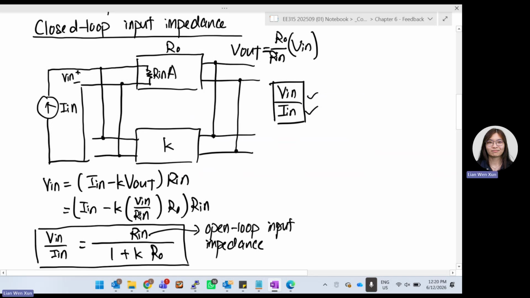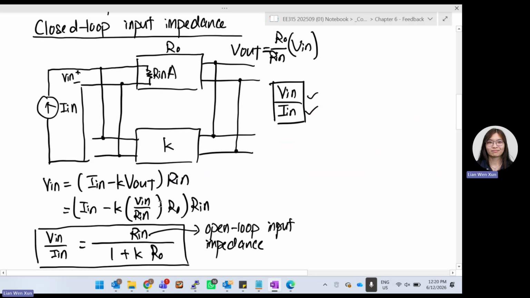We can multiply inside first. So we take out this R in. And then V out is basically equal to R naught times V in over R in. V equals I R, and this R is your R in over here.